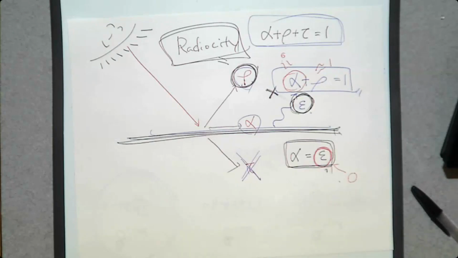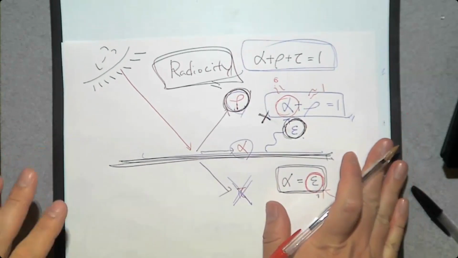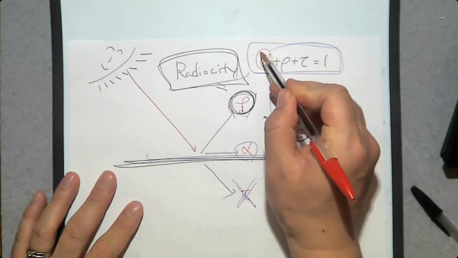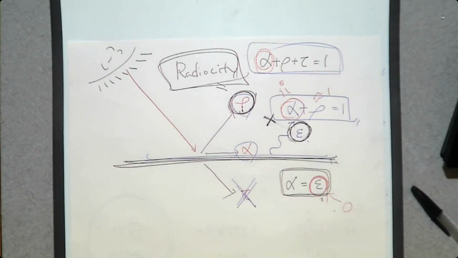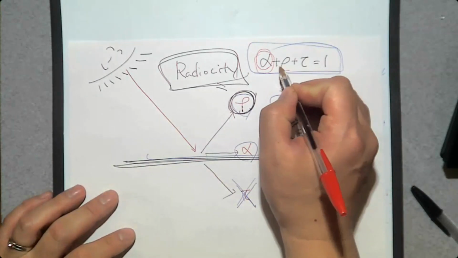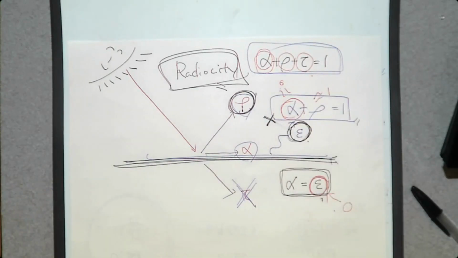By the way, just one more piece of information, it's very interesting. This alpha, how much radiation can be absorbed, how much can be reflected, how much can be transmitted, are wavelength specific. So what type of radiation exists?